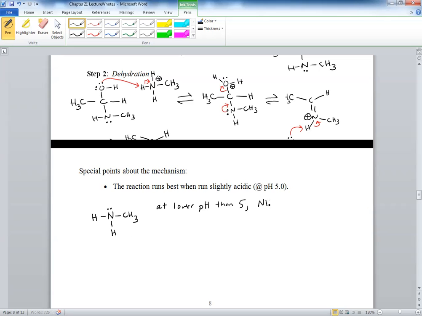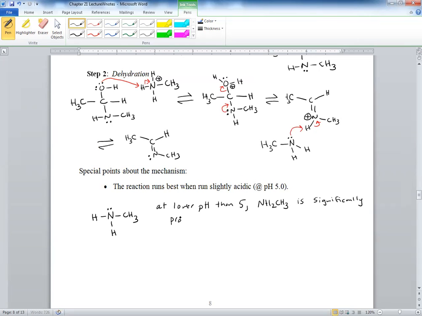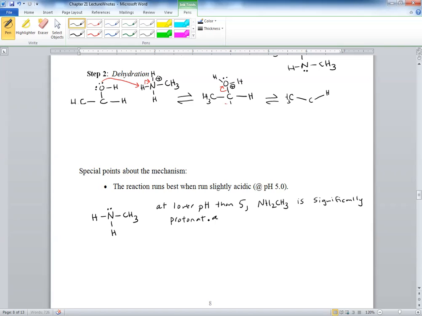So we say NH2, CH3 is significantly protonated. And if it's protonated, then it is no longer a nucleophile.